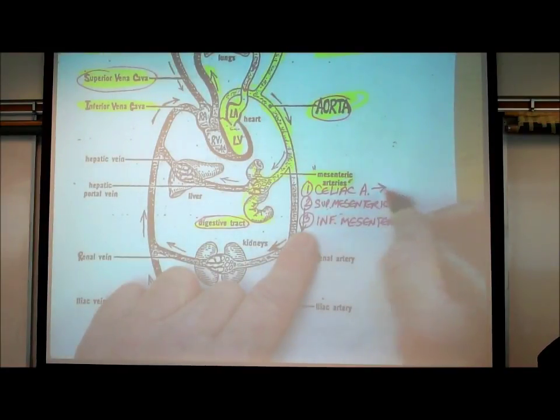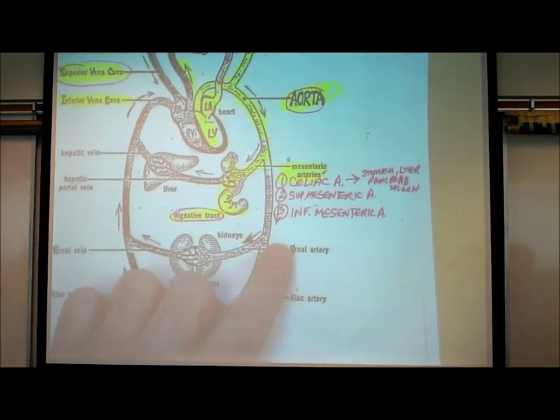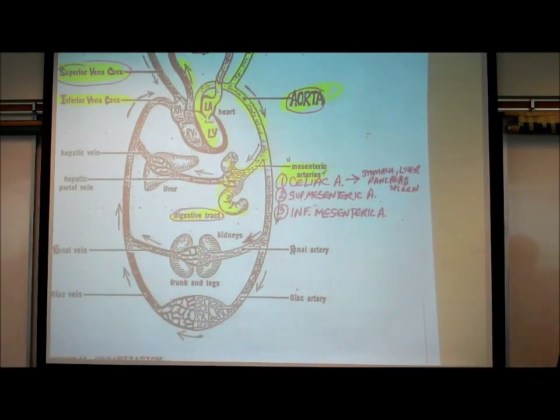The celiac is supplying oxygenated blood to your stomach, to your liver, to the pancreas, to the spleen. Okay, stomach, liver, pancreas, and spleen.